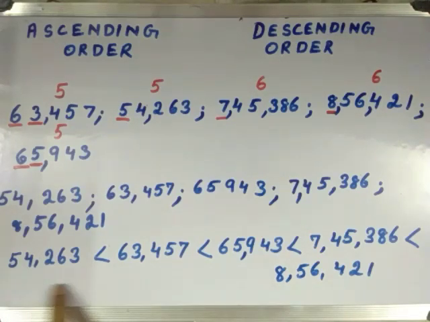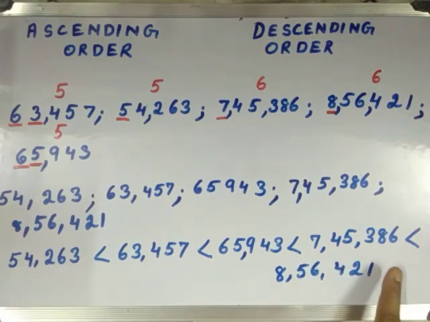So this set of numbers is arranged from the smallest, gradually ending with the greatest, and this arrangement is known as ascending order.